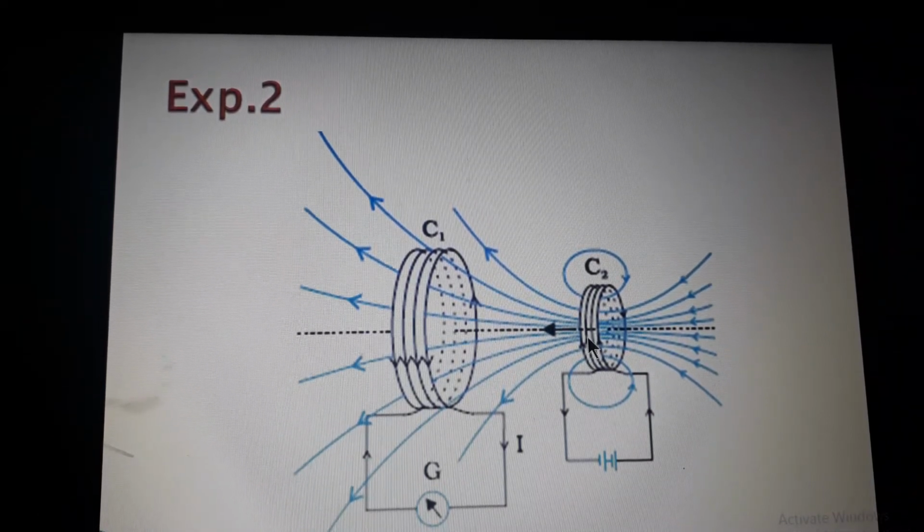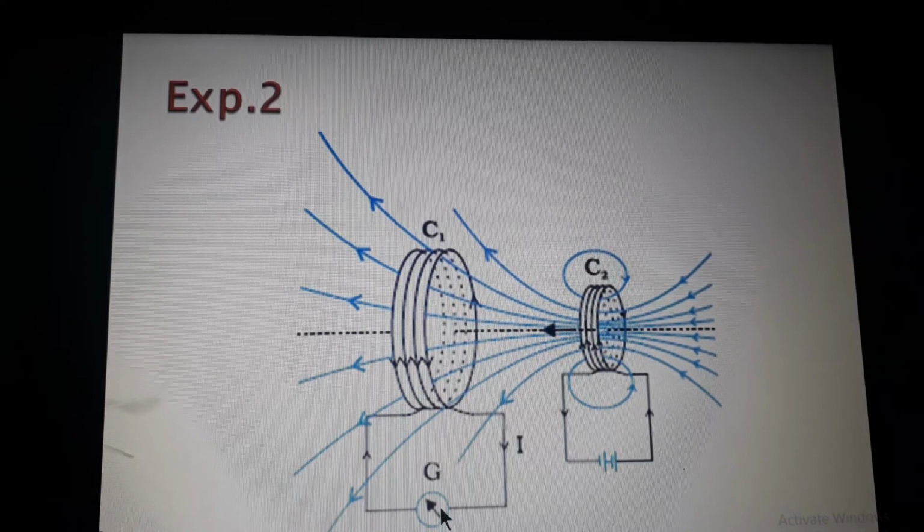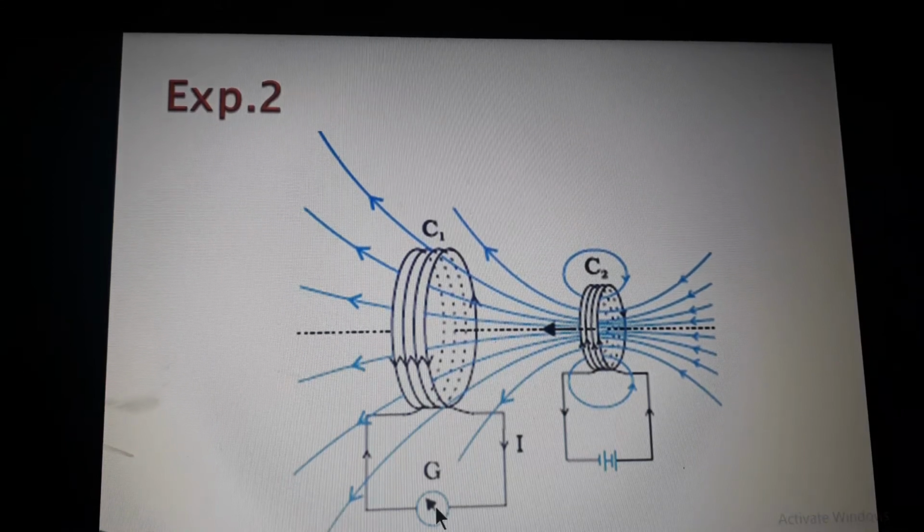But when this coil moves away from coil C1, again current flows, but now the direction of the current is opposite, so the galvanometer deflects in the opposite direction. So this is the difference. This is experiment number 2.